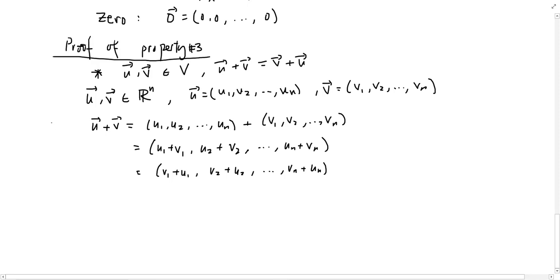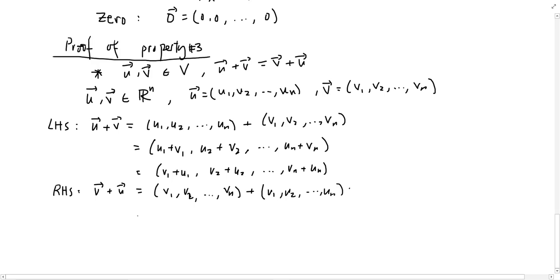Now if I think about it, let's say this is my left-hand side. Then our right-hand side would be vector v plus vector u, which is v1, v2, dot dot dot, vn, plus u1, u2, dot dot dot, un.